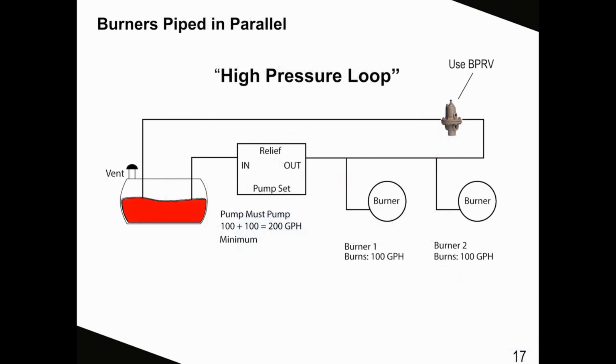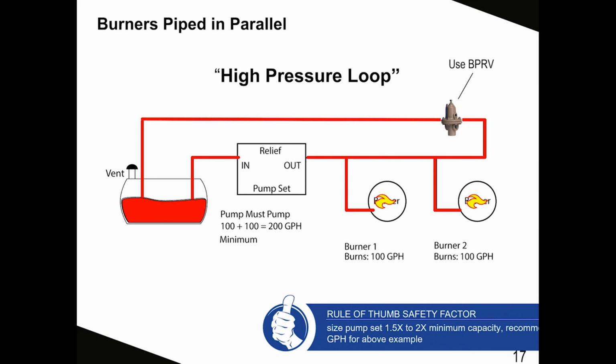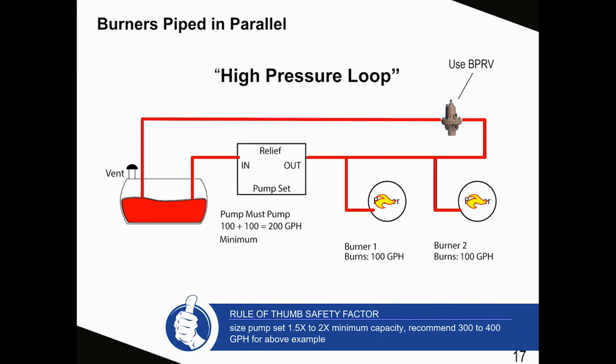In this slide, we're depicting a high pressure boiler loop. You have your pump set, you have your 2 burners. Each burner burns 100 gallons an hour. There is no burner side pump, as these burners are either pressure atomized or they could be air or steam atomized at the nozzle. So you don't need to worry about any pump rate at the burner.